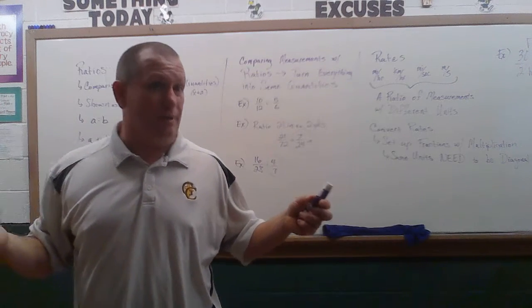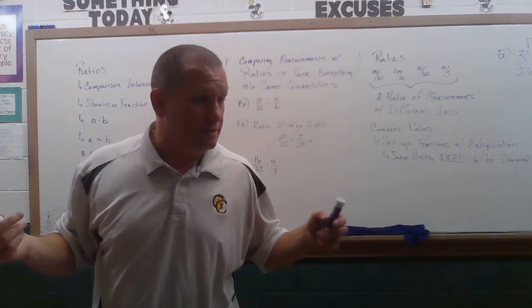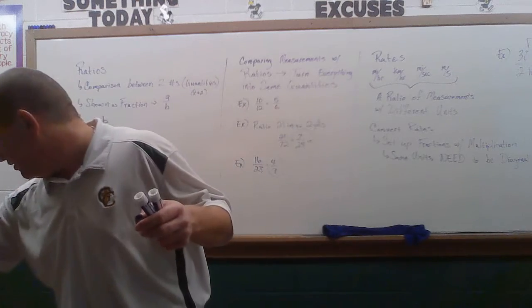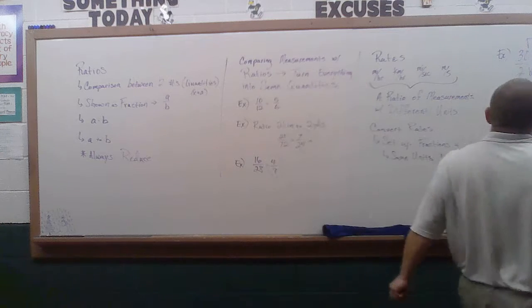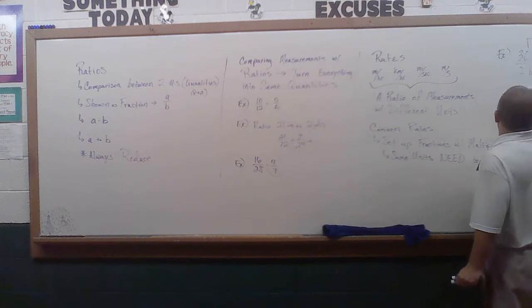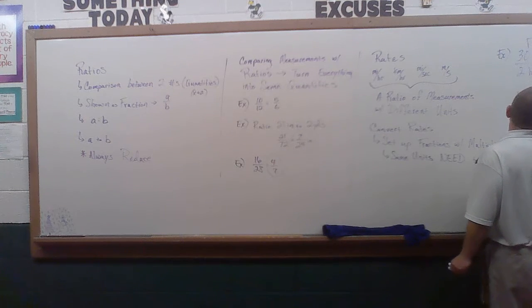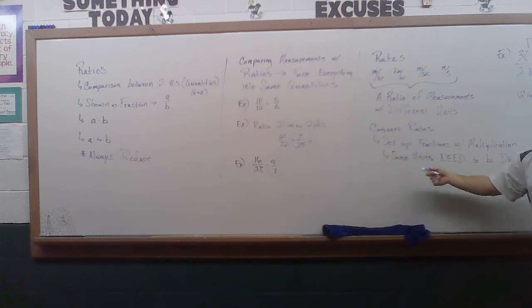We all know that how many what are in what? 12 inches in 1 foot. There's 12 inches in 1 foot, right? So, we know that 12 inches is to 1 foot. But now, remember, when we're setting this up, the same unit needs to be diagonal from each other.